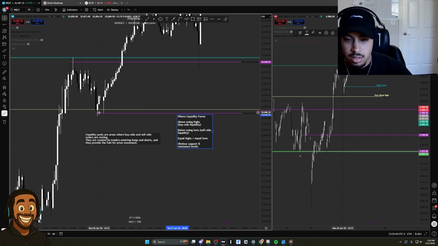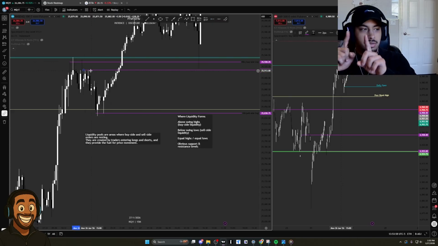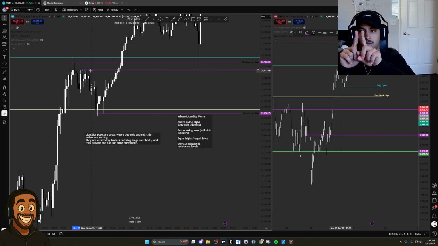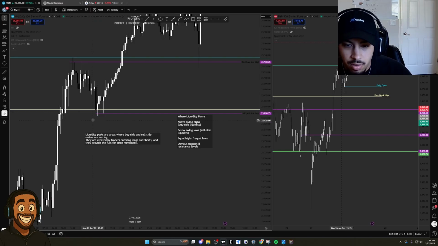Technically speaking, these would be equal lows right here. Maybe these are almost equal highs here. Whenever the two sides are touching, kind of identical, equally, that's equal highs. And the same thing for the bottom when they're equal lows. Cool beans.